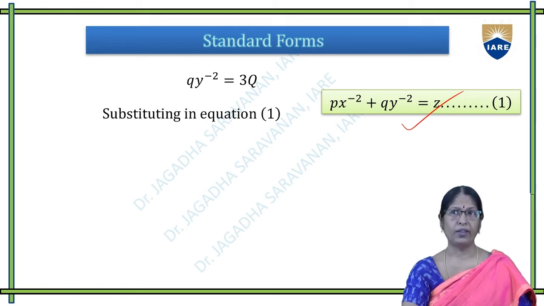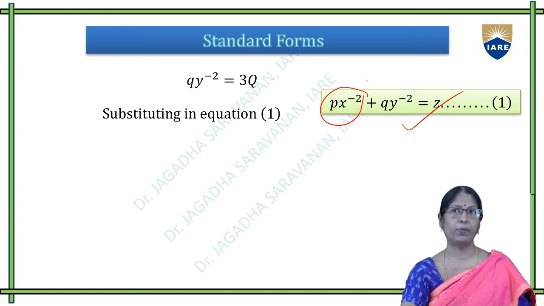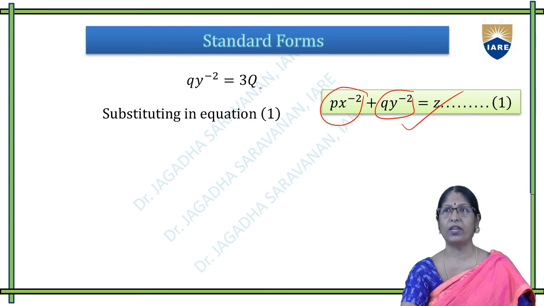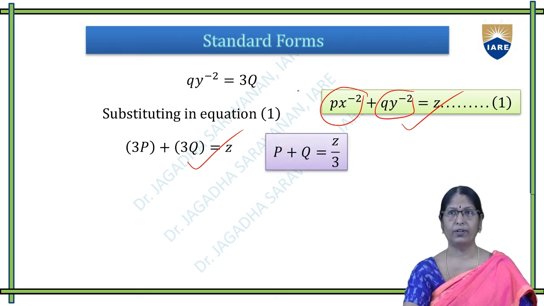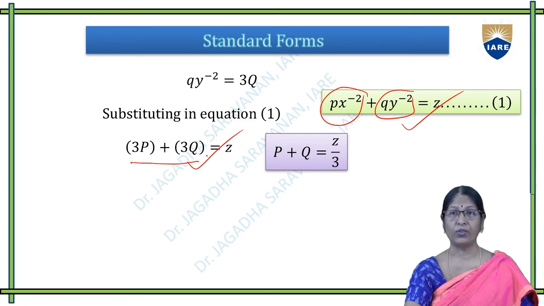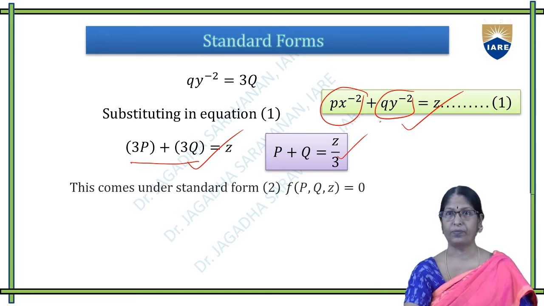So this we are going to replace by 3 capital P, and this we replace by 3 capital Q, which is equal to z. So we did the substitution. In this, 3 is common, we have taken out and pushed to the right side.